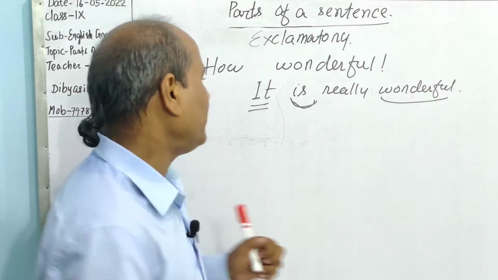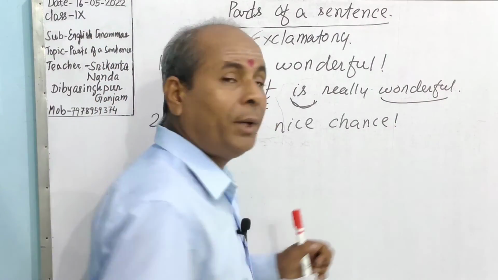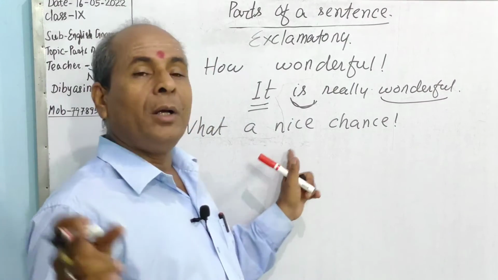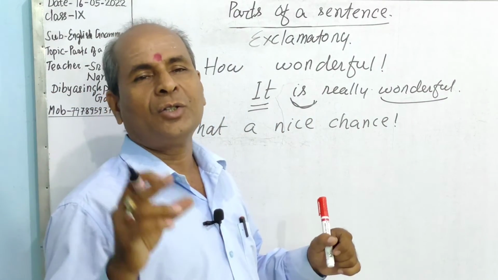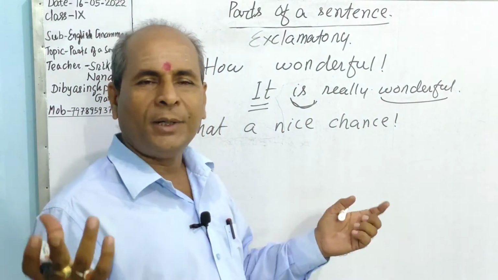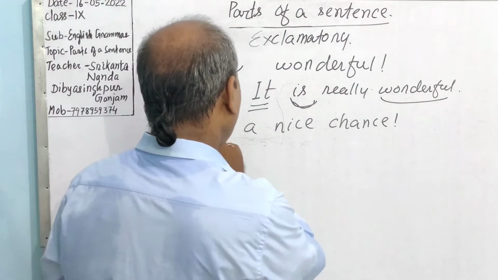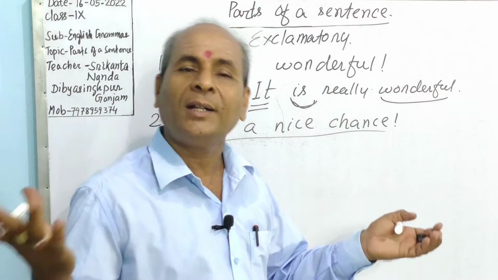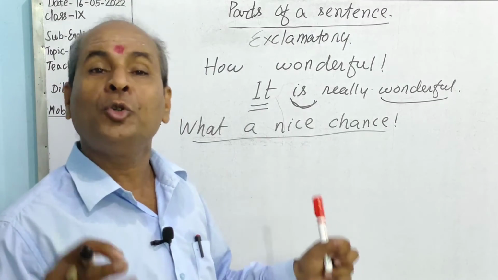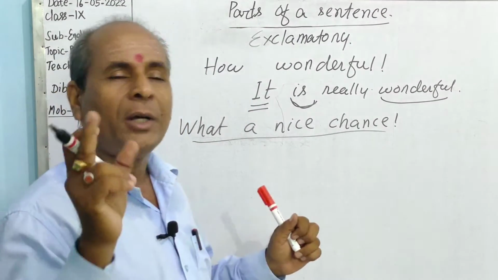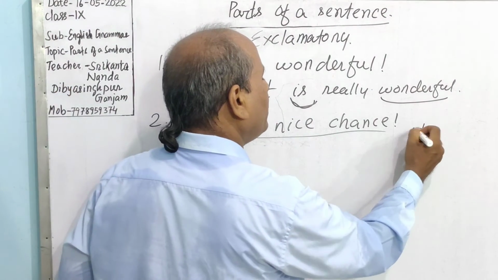Second, we will take another example. What a nice chance. So in this sentence means it is a nice chance. Is the verb, it is omitted, and the whole sentence we can say is an exclamatory sentence and verb is omitted here and subject is it.